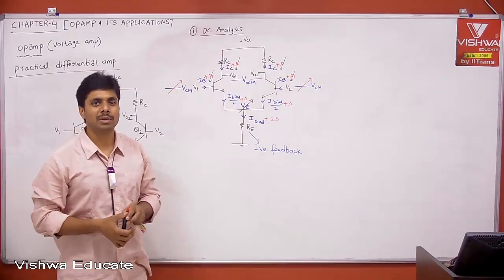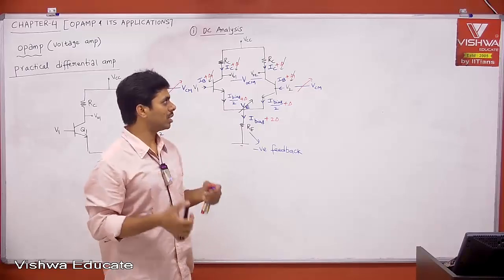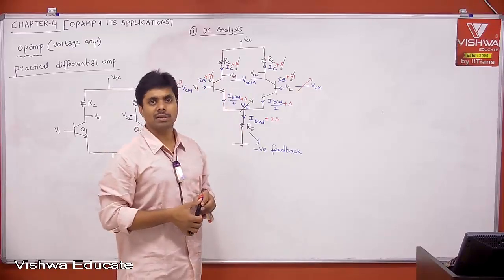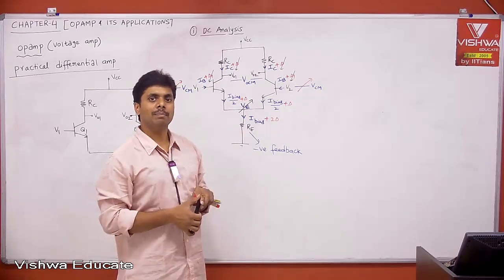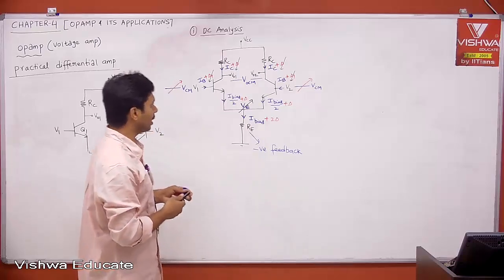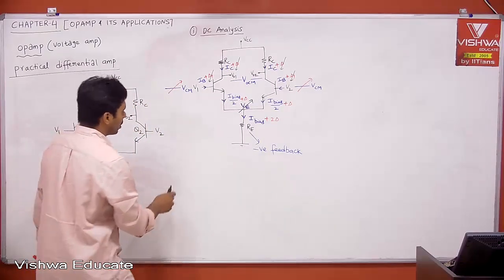For that we need to do mathematical analysis. Qualitatively I cannot say that it is compensated 100%. For that we need to do mathematical analysis, and then calculate the common mode gain. Therefore, what is common mode gain?